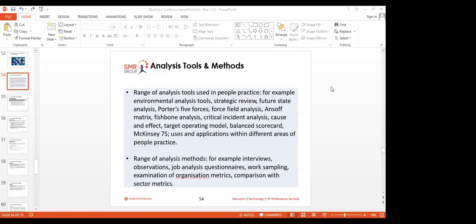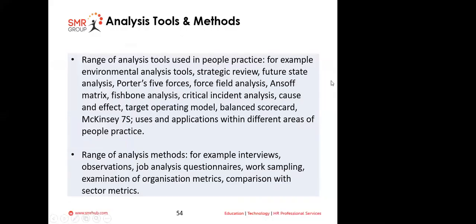So there are quite a number of analysis tools which can be used in people practice. All these are the analysis tools that are available out there. Environmental analysis tools, the PASTEL, all right, SWOT, okay.